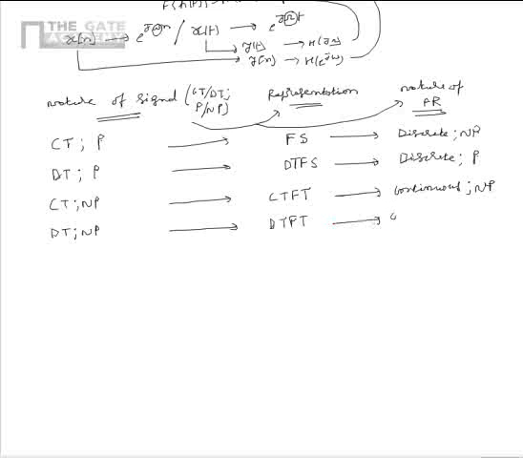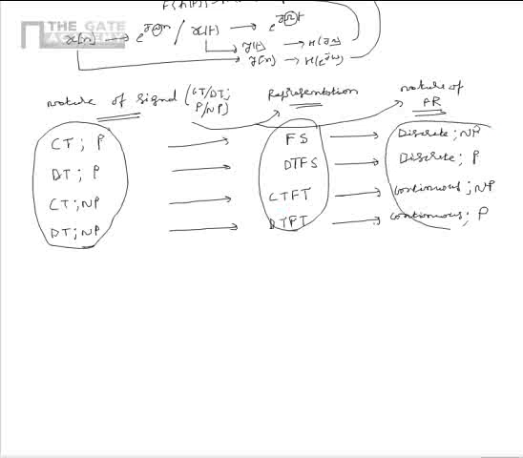Also, please note that the nature of the DTFT is continuous, that is, it is defined for all frequencies and is periodic. So here we see that depending on the nature of the signal, that is whether it is continuous time or discrete time or periodic or non-periodic, we can give the frequency domain representation as listed. Also please note that the nature of the frequency representation is given in the third column.